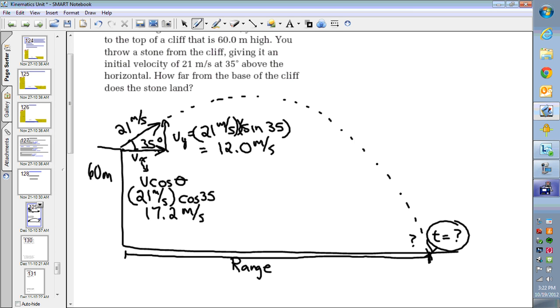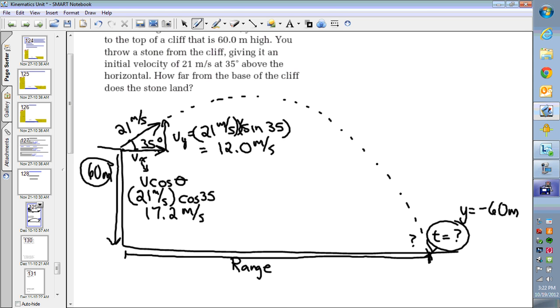All right, so what I'm going to set up is I know what the height is at this point. At the point it hits the ground, I know my height is 60 meters below where it started. It is down here; it just happens to be way over there. So the height is negative 60 meters.